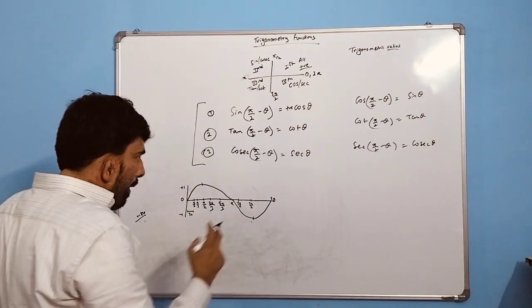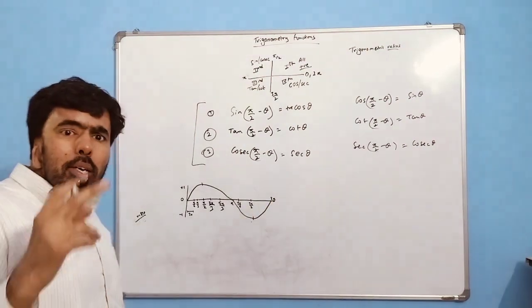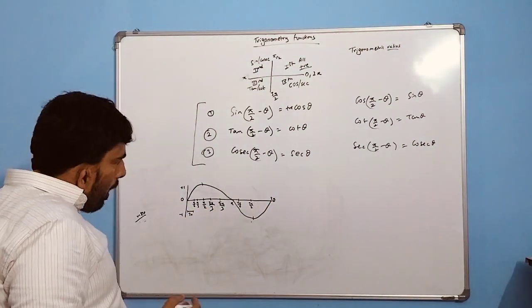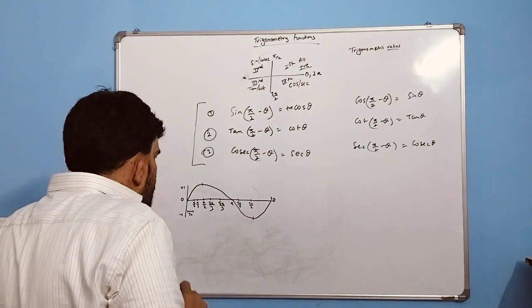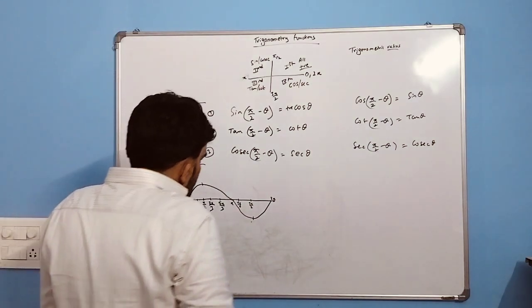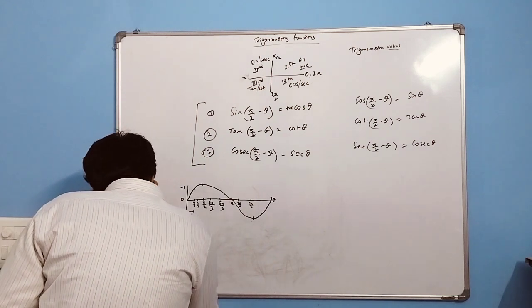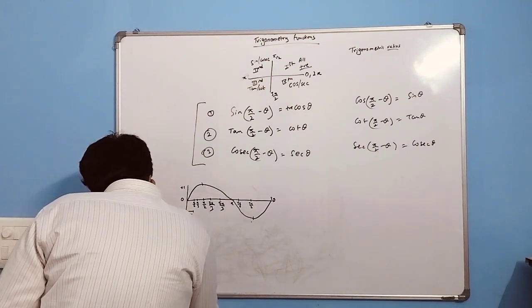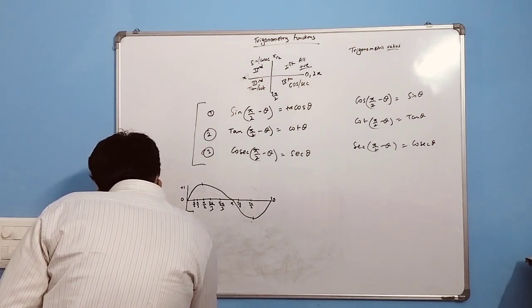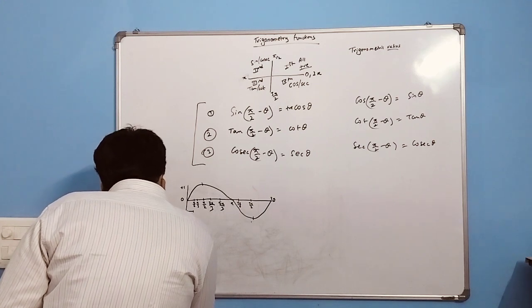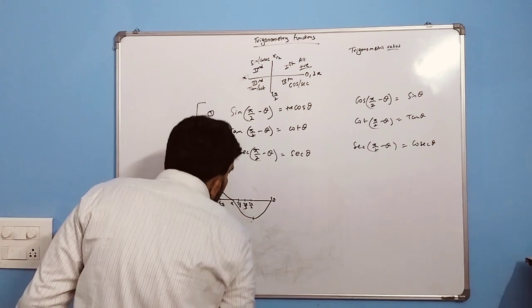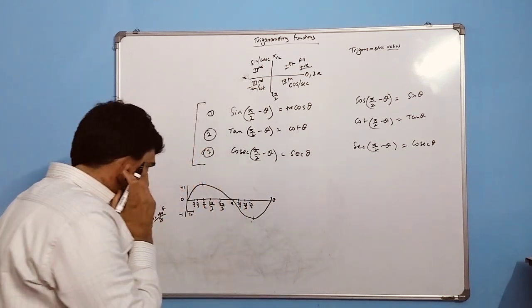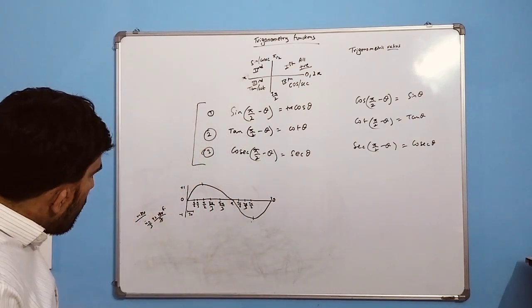At 360 degrees its value will again be 0. So that is how we try to make it. If I use 4 pi by 3, that is 4 into 180 upon 3, yes, so here will be 4 pi by 3. That is how we can know.